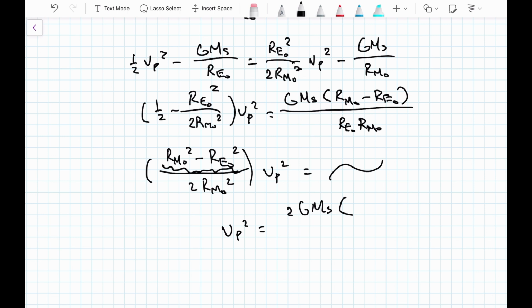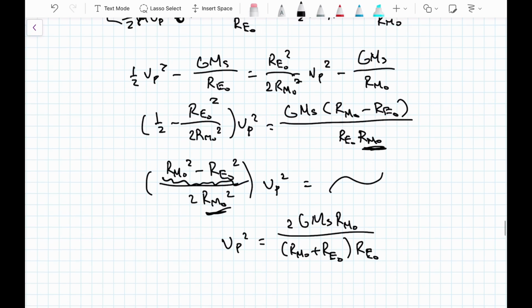So what's left on the top would just be 2GMS and then RMO, because the RMO cancels out with this RMO. And then on the bottom what we have is RMO plus REO, multiplied by REO.